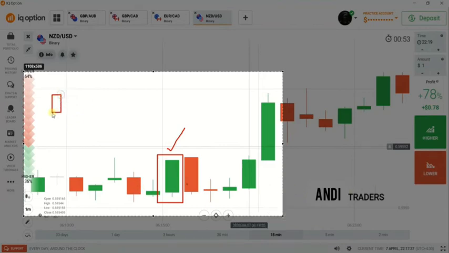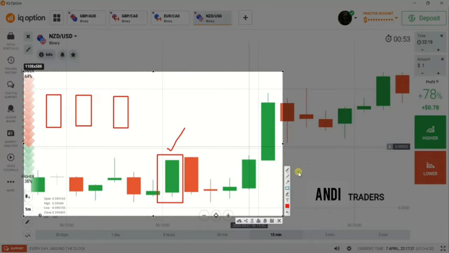A Marubozu candle can be like this, or it can be like this. You can see it doesn't have any wicks here, and here it doesn't have any wicks.